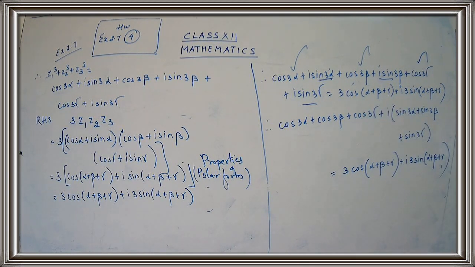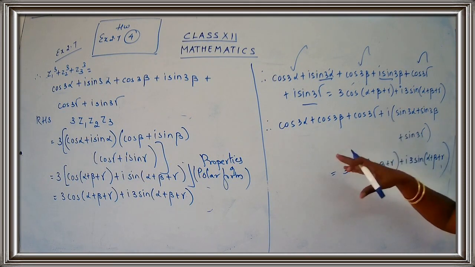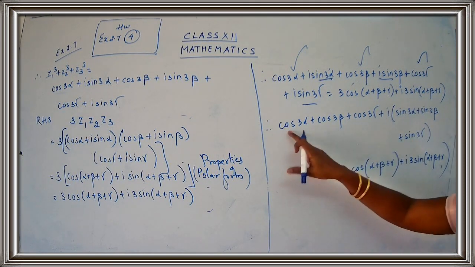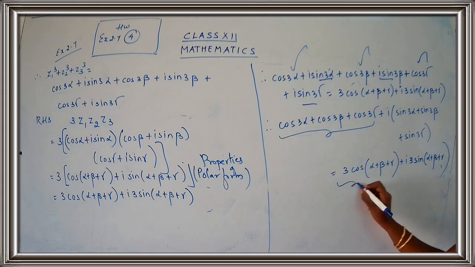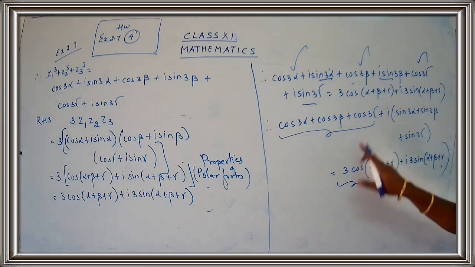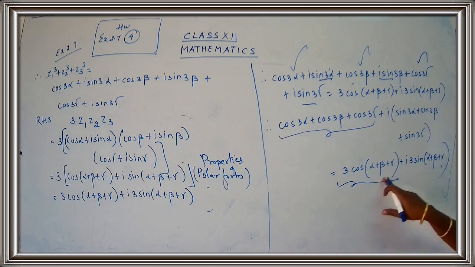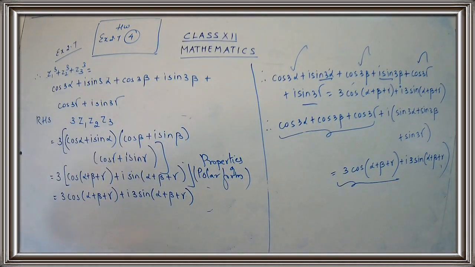Now comes the final step. Here we have to show two parts, children. So now you are going to equate the real part and take the imaginary part. When you equate the real part, this is the real part, that is without i. So this will be equal to this part, right? Are you getting my point? cos 3 alpha plus cos 3 beta plus cos 3 gamma will be equal to 3 cos alpha plus beta plus gamma. That's what we have to prove, yes, children? Yes, that's what we have to show.